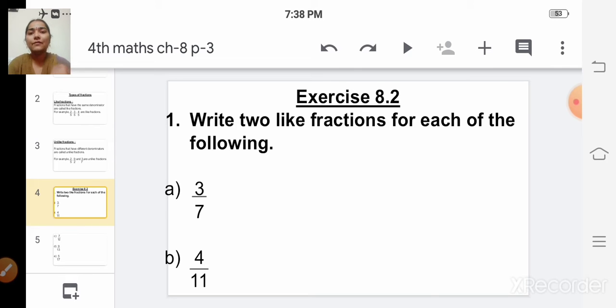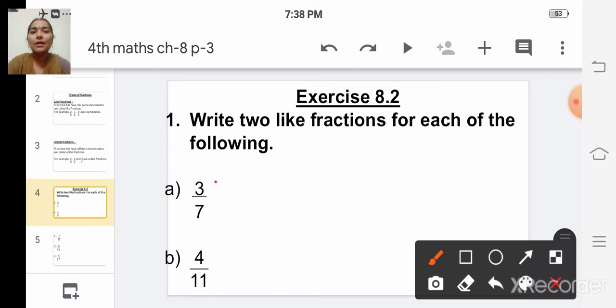Look at the first one, 3 by 7. We are going to write two like fractions for this fraction 3 by 7. Like fractions mean it should have same denominator.